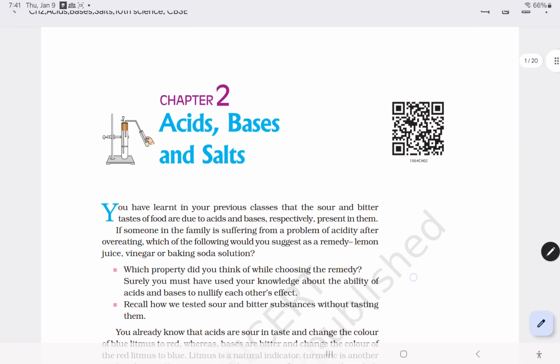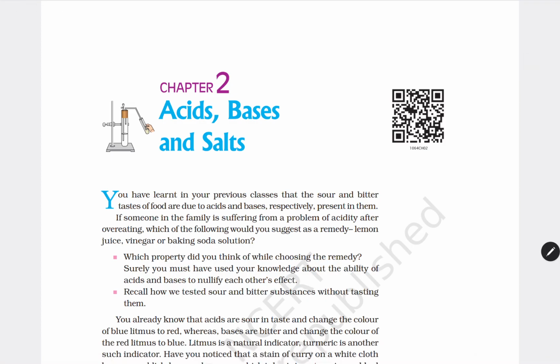What are the basic properties of acids and bases? Just some ideas I would like to give you. An acid will be sour in taste. You can observe this by tasting, and you can also do a litmus test to verify whether it is an acid, base or salt.